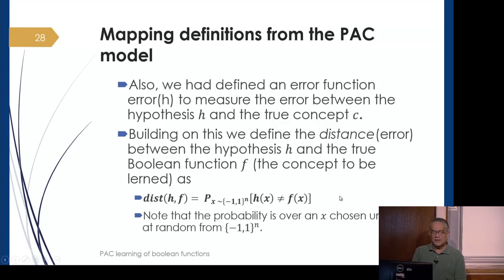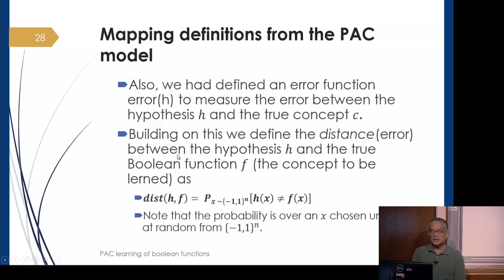For historical reasons, the terminology used in learning Boolean functions is slightly different because there is a little more specificity to a Boolean function. It's not some arbitrary concept, but rather a particular concept. So what people say when they refer to error in the sense of PAC learning is distance when we apply PAC learning to Boolean functions.